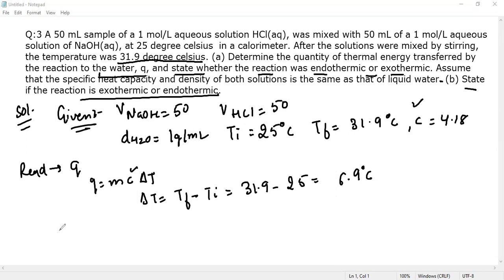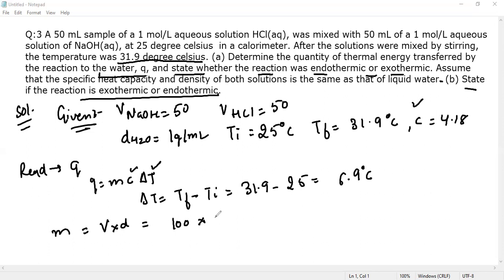Now what about m? Mass is left. So delta T is here, C is here. Now what about mass? Mass is volume times density, this we did in the previous question as well. Now, what is the volume here? The total volume, because we mixed these two, will be the sum of these two. 50 plus 50 will give me 100. I hope you understand that.